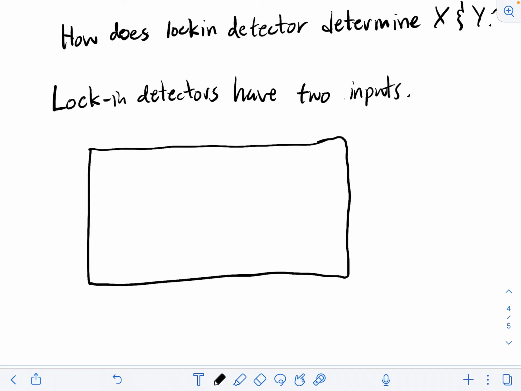Here's a picture of our lock-in detector, and here's our signal input: signal possibly plus noise input. There's always going to be some noise; this is possibly plus a lot of noise. Then it has a second input, which is going to be our reference input.